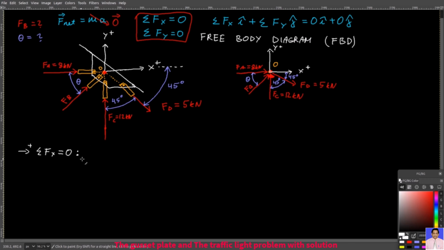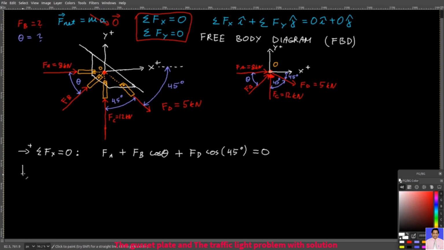Then I put a colon, and then I write Fa plus Fb times cosine theta. That will give you the x component, and then plus Fd times cosine 45 degrees. Again, that will give you the x component of this Fd vector, and you make it equal to 0.